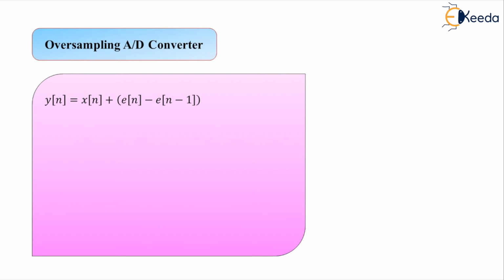The noise transfer function can simply be denoted by capital G of z, and the power spectral density of the modulation noise can be denoted by capital P suffix y of f, that is expressed as mod square of capital G of e to the power j 2 pi f/ft multiplied by P suffix e of f, which is further expressed as 4 times sine square of 2 pi f/ft divided by 2 into P suffix e of f.